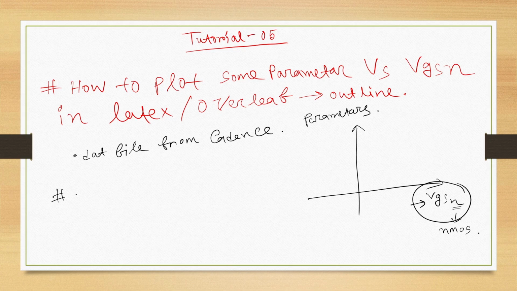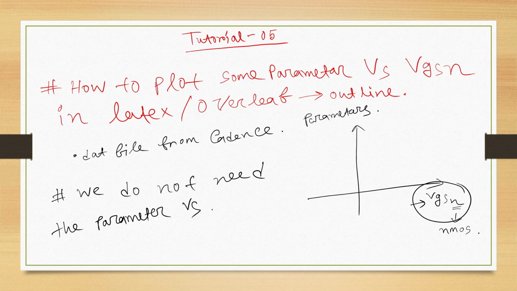So the highlighting point, and a very, very important point, is that we basically do not need the parameter versus VGS of n curves directly.